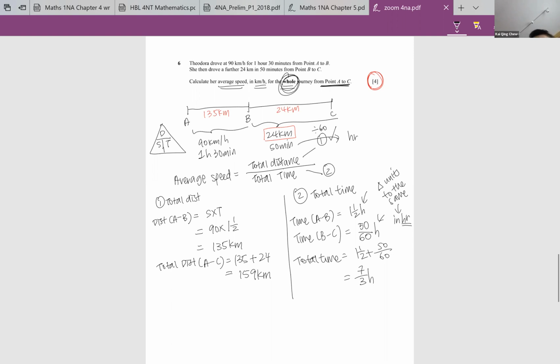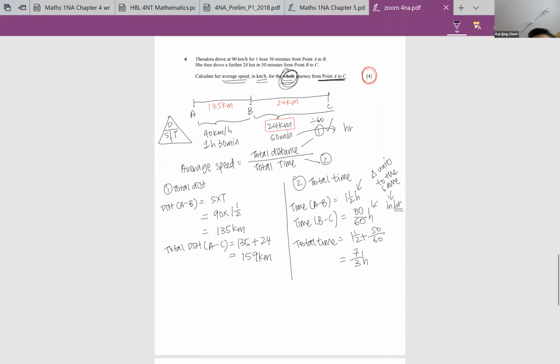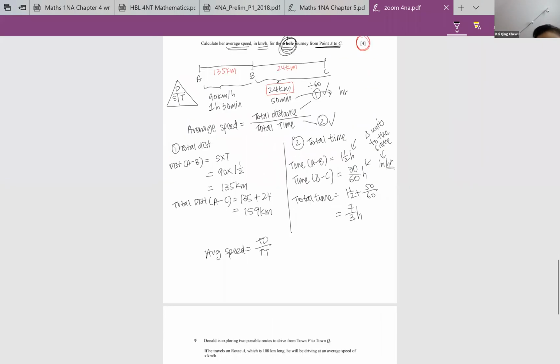So now you see I have found my total distance, I have found my total time. Can I now find my average speed of the whole journey? Total distance divided by total time. So total distance is 159, total time is 7 over 3. So 159 divided by 7 over 3.